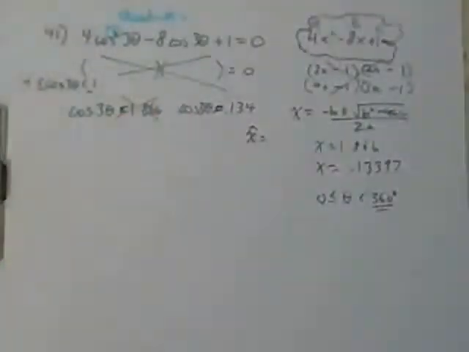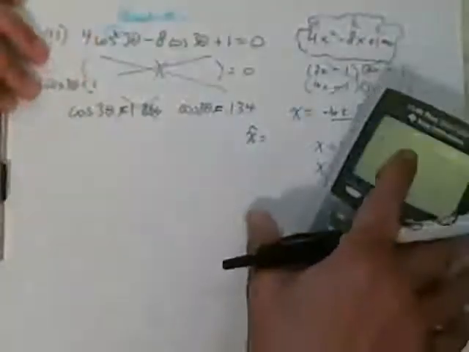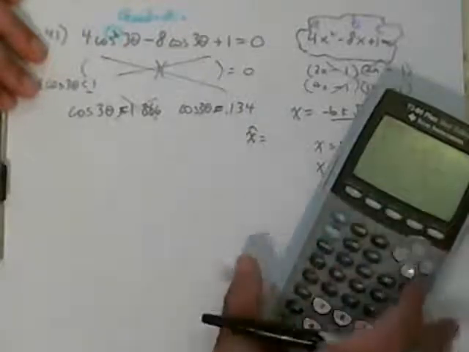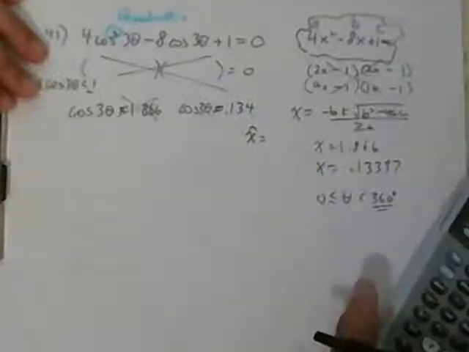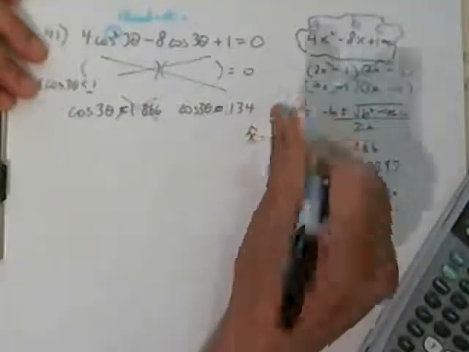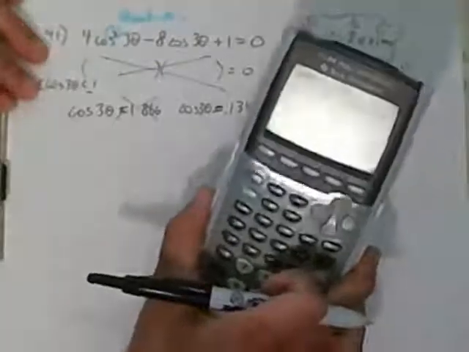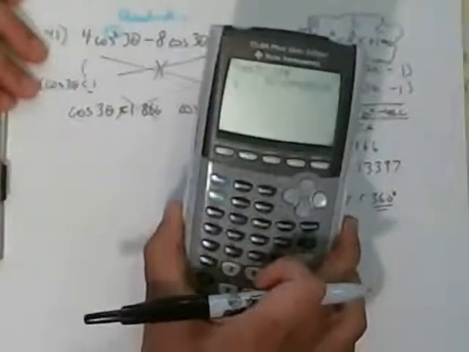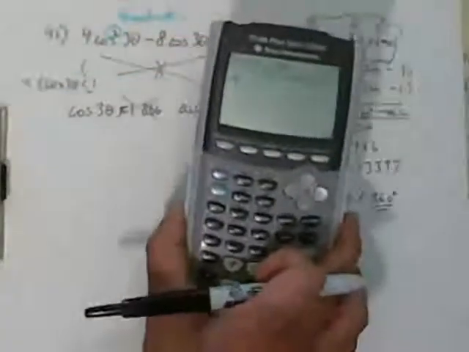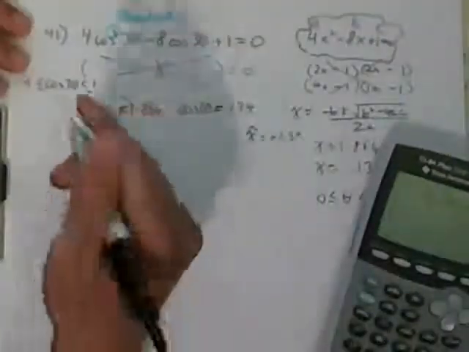It's going to be cosine inverse of 0.134, and that looks like it's in degree mode. Let's check it out. Yes, it's in degrees. So the cosine inverse of 0.134 comes out to be 82.3 degrees.